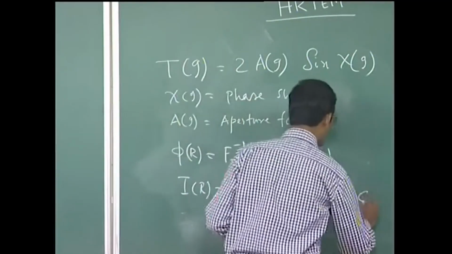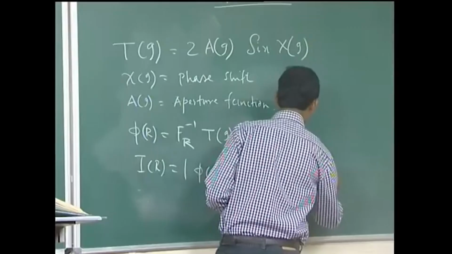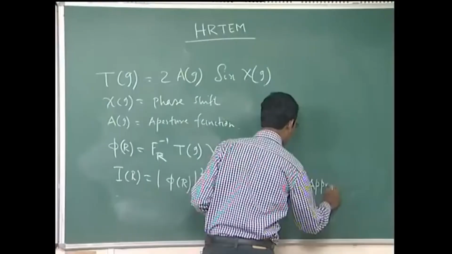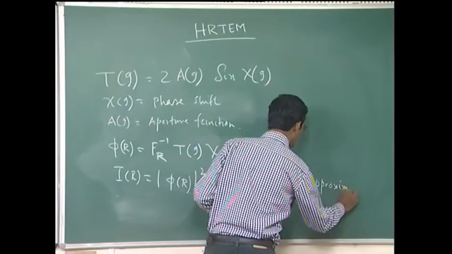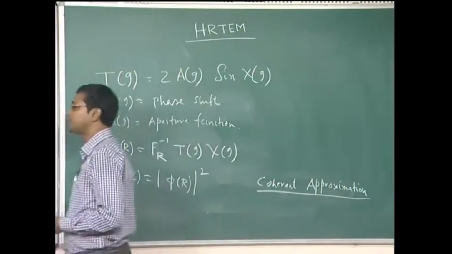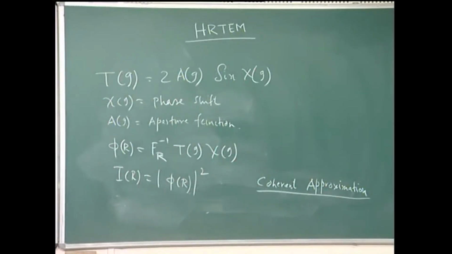If you assume the coherent approximation, then only this formula is correct. Otherwise, the formula gets complicated, and those complicated formulas need to be derived based on the concept of transmission cross coefficients, that is, how the beams are actually interacting, and because of that there are cross coefficients.